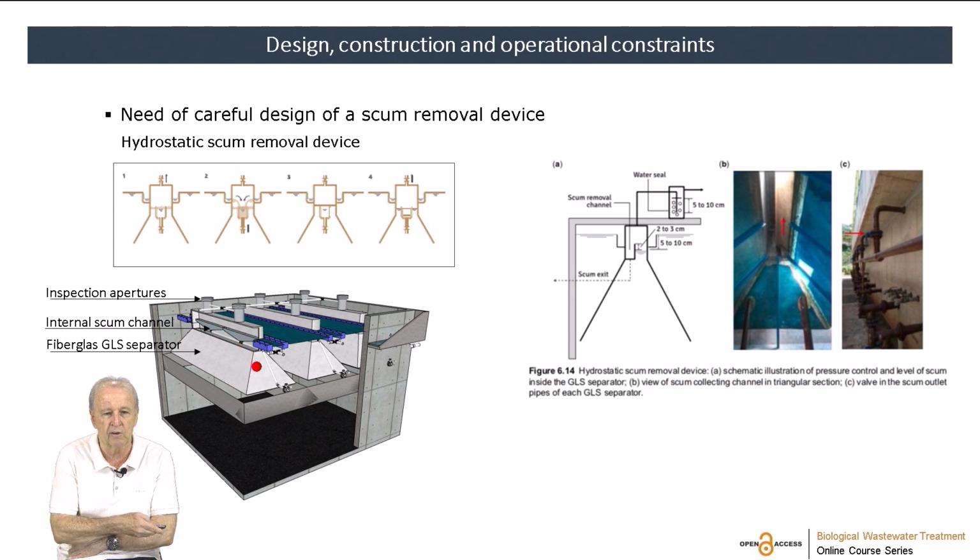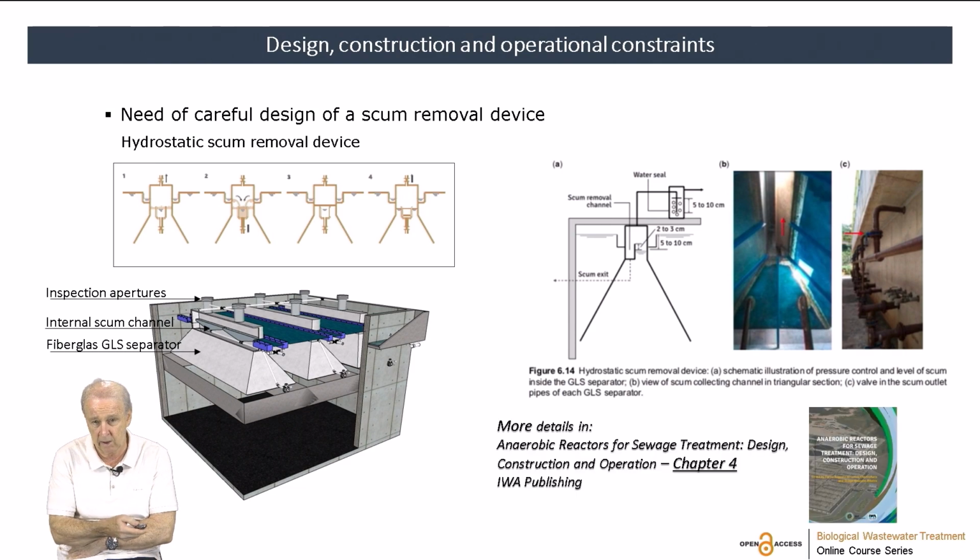So it's a recent development, and more details are in chapter 4 of the book, about how to design and specify these devices to remove scum without having to open these apertures. The scum is removed hydraulically, only by operating these external valves. Okay.